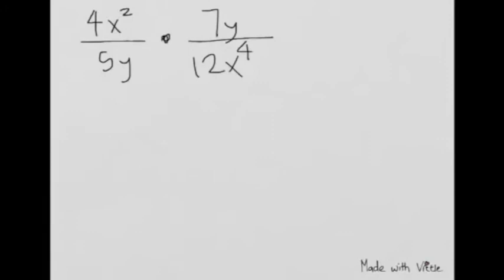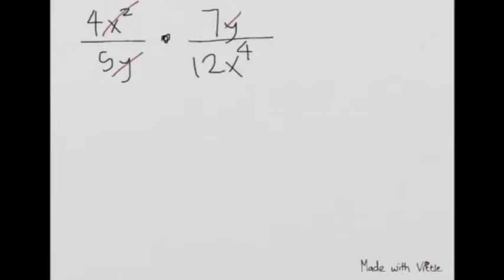Now we have 4x squared over 5y times 7y over 12x to the 4th. And so for this one, we can't simplify it like we've simplified previous problems. So what we're going to do is cross out common factors just within this equation. So we're going to do the common factors, which is y and y.